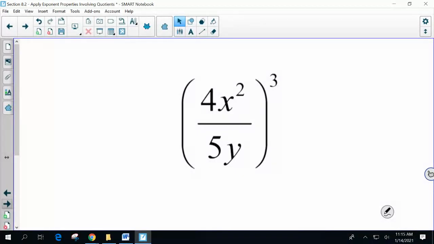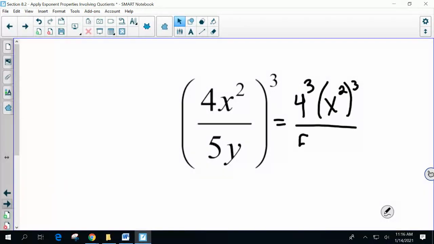Okay, so same here, we're combining multiple properties. I'm going to write all this out. 4 to the third times x squared to the third over 5 to the third times y to the third. So I'm going to calculate these. 4 to the third, you get 64.